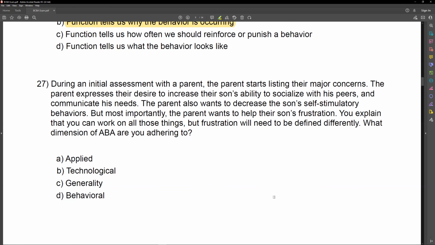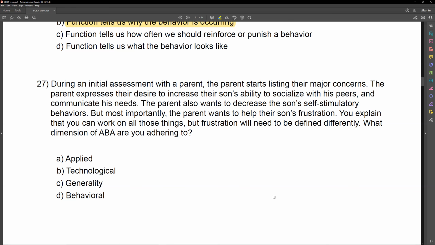It's a construct, it's mentalism, right? It's a private event, okay? You might think you can observe frustration, okay? But we don't really know what's going on in their head, okay? So you tell them we need to define it differently, okay, before we can start to measure it and observe it and change it. What dimension of ABA are you adhering to, okay?